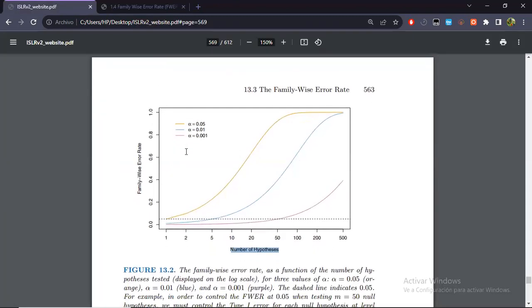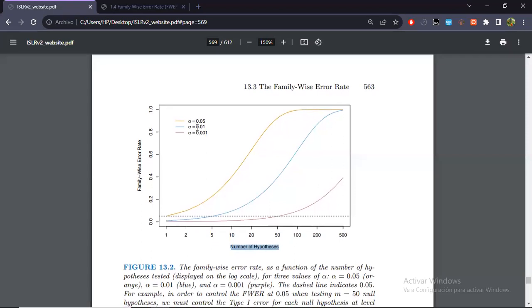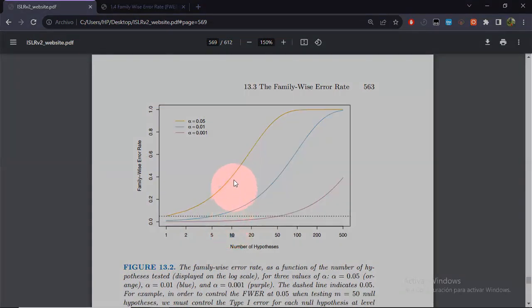For example, we see that if alpha equals 5%, that is the usual threshold, then once M becomes big enough, or maybe not even that big, for example, 10 over here, then such family-wise error rate, how big is it already? Let's see, so almost 0.5.